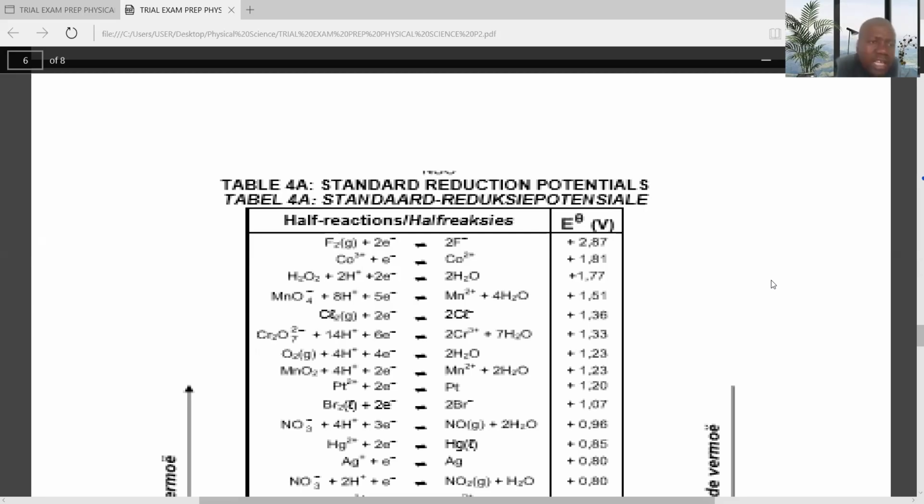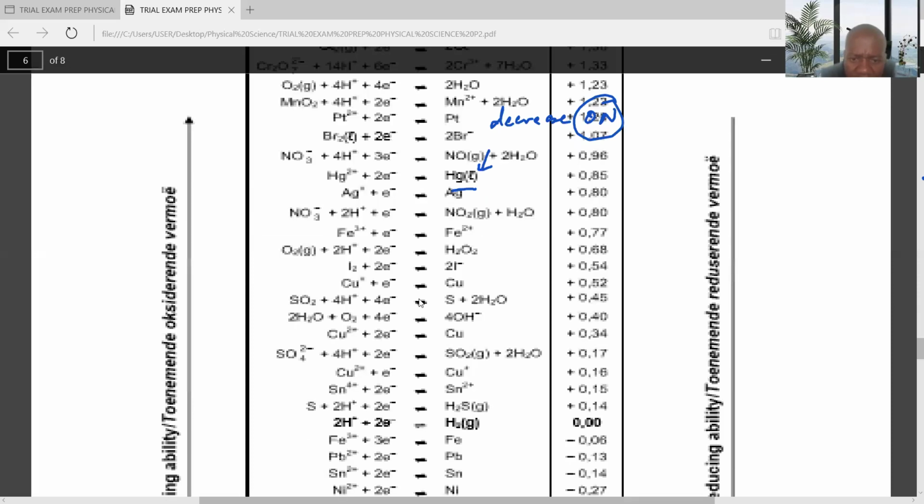The reason they are calling it a standard reduction potential is that they wrote it such that there's a decrease in oxidation number, so it's already a reduction. For example, if you look at this, it's not showing well, let me go down.